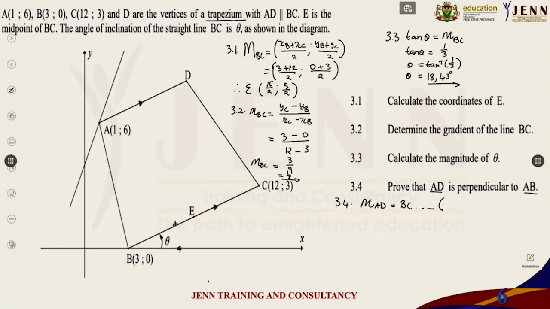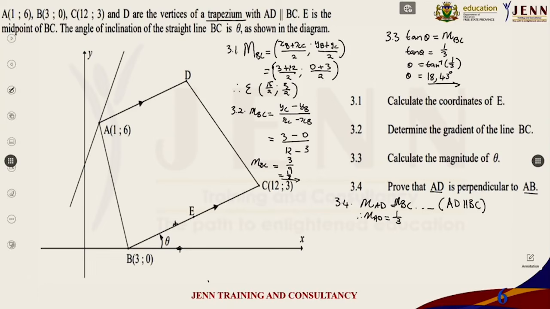It's because we were told that AD is parallel to BC, and two lines that are parallel share the same gradient. So the gradient of AD will equal 1/3 as well.